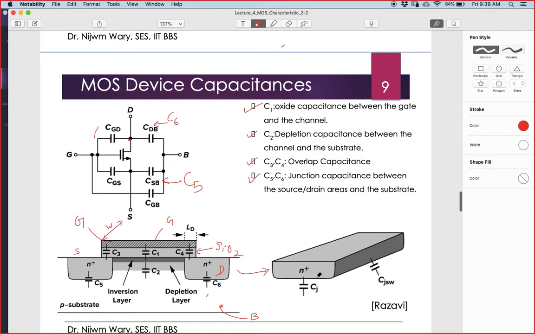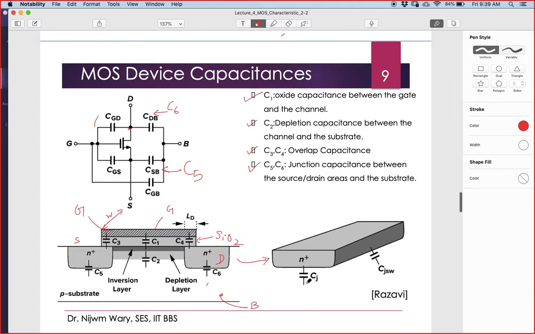And also this capacitance depends on the reverse bias voltage. So depending upon the reverse bias voltage, we can get the value like that. Similarly, this Cgc, which is between the gate and the channel, again depends upon the operating region.